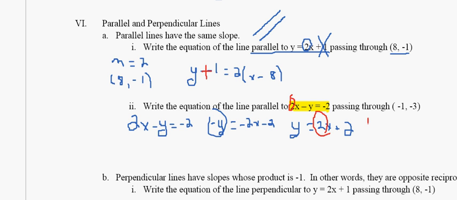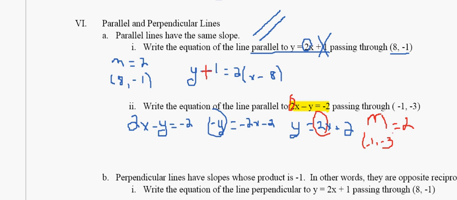Once it's in slope-intercept form, I can easily recognize now that the slope is 2. It happens to be the same in this form, the number in front of the x, but that is not always the case. So make sure you put it into slope-intercept form first.